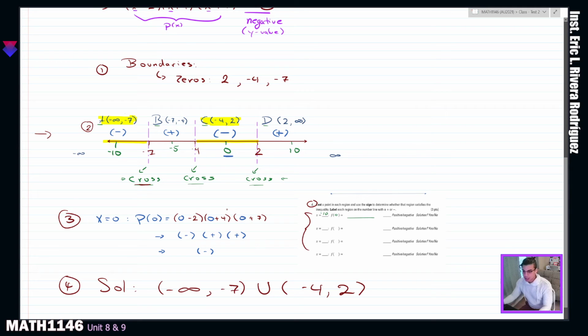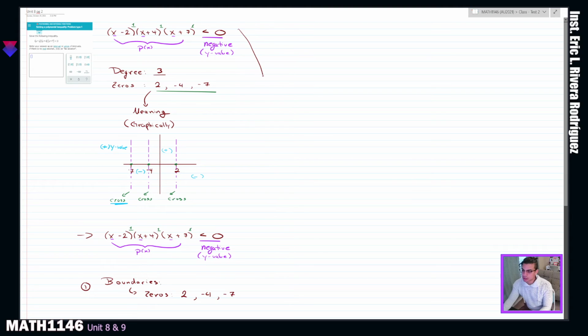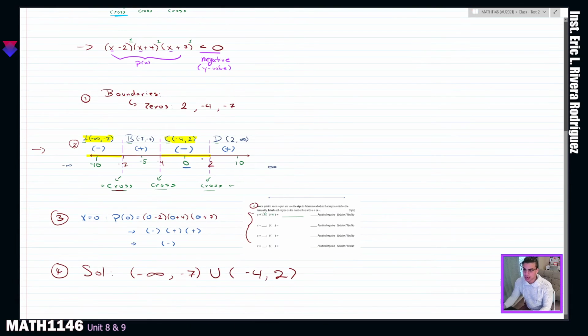All right. So for written work, this is just explanation, so this is not part of the written work. For written work, you want to have these 4 steps here. This is the written work for this exercise.